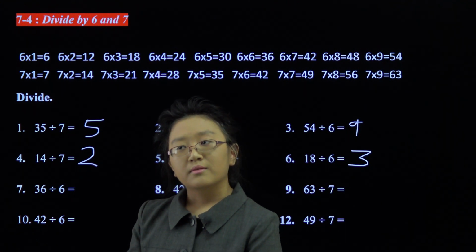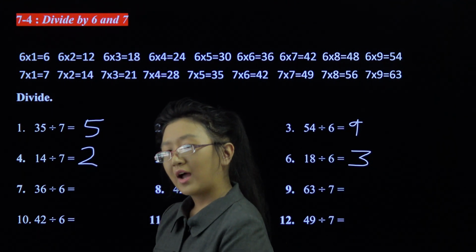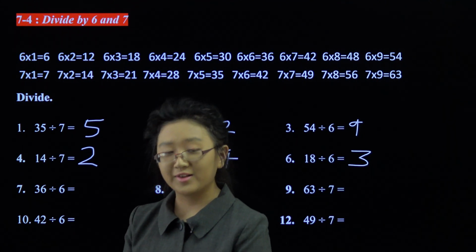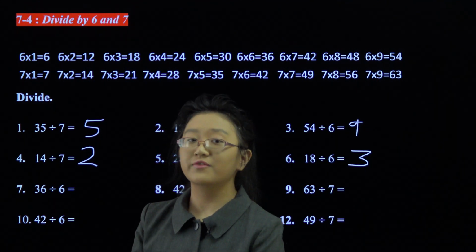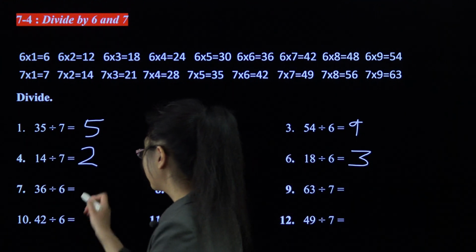What is 6 times 6? 36. So 36 divided by 6 is 6.